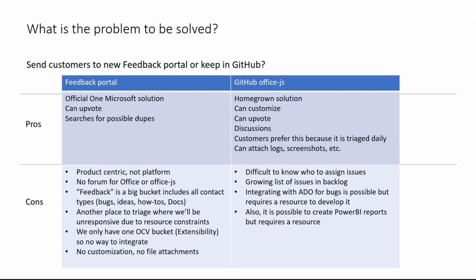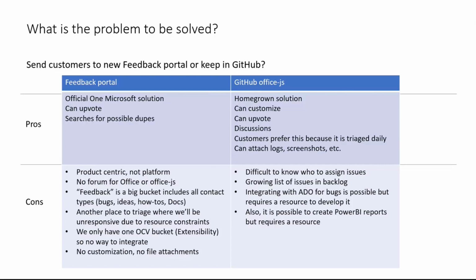But then how do we use GitHub? It also has problems too. We end up just stacking up the issues. And it's difficult because we have PMs and engineers in China, India, here in Seattle. The person doing the actual triage has to spend a lot of time trying to figure out who gets the assignment.